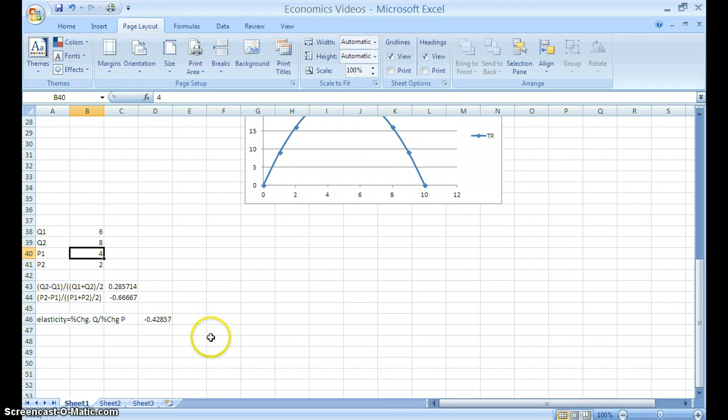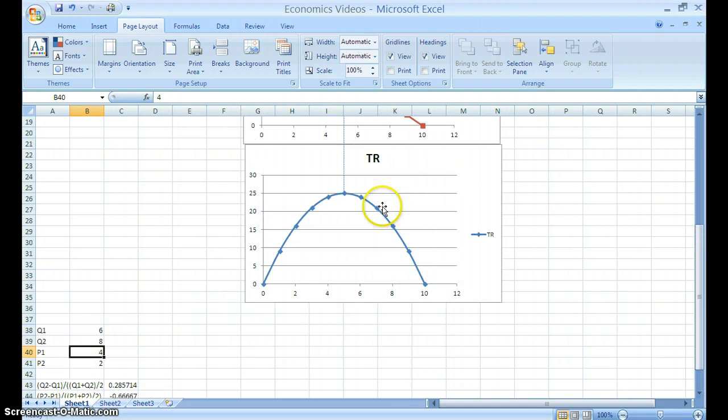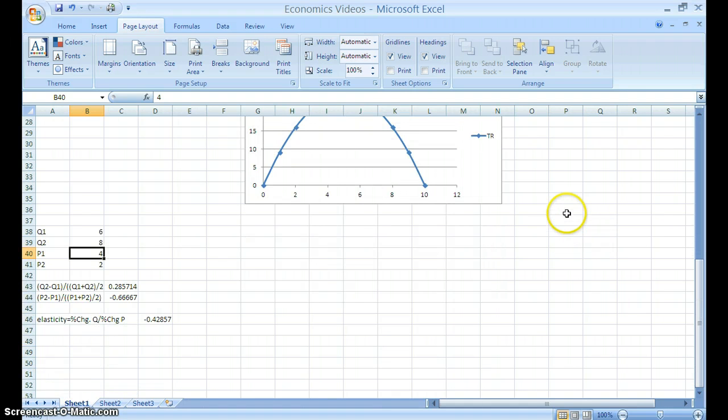Press the button, get minus 0.43 if I round it off. The absolute value of minus 0.43 is 0.43, which is lower than the absolute value of 1, which means I'm in the inelastic region. I just did a no-no. I lowered my price while in the inelastic region of my demand curve, and that is going to lower my total revenue. So that is my way of explaining elasticity.